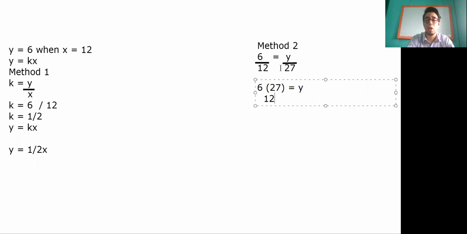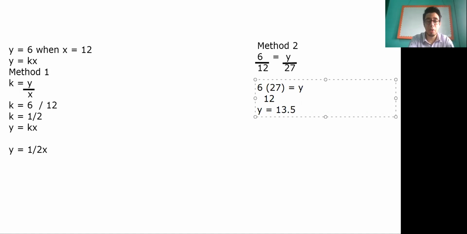What you want is to have the y alone. So solve this multiplication and the division and you are going to obtain the value. 6 times 27 is 162 and you divide this by 12. So you obtain that y is equal to 13.5.